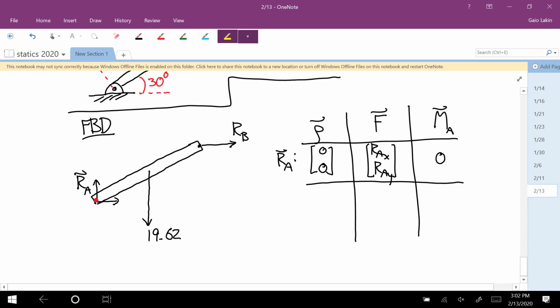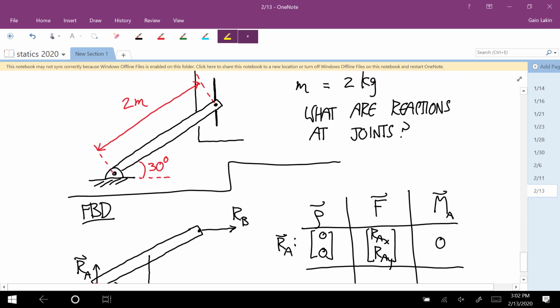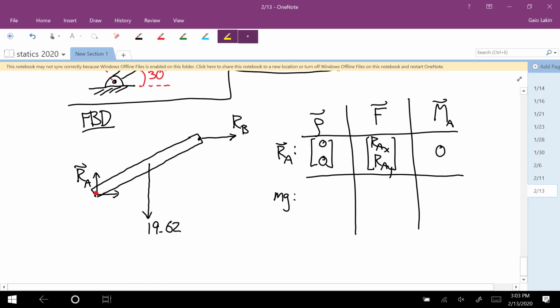And then the weight force. To get from the about point to the center of mass, you're going to go 1 meter, half of the whole length, in a direction 30 degrees from the positive x-axis. So that's 1 times cosine and sine of 30, which is 0.866, 0.5.